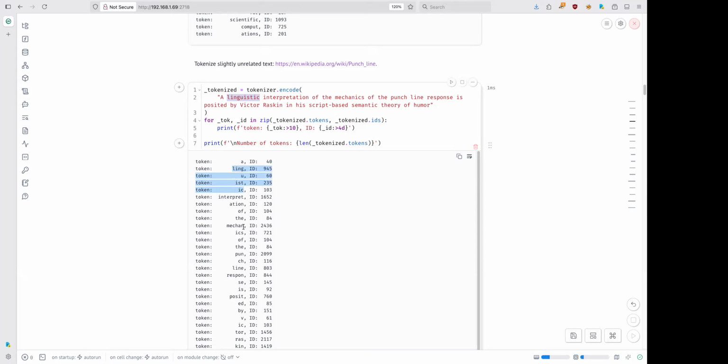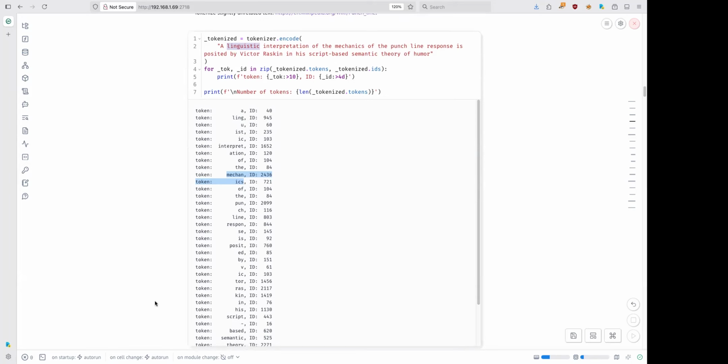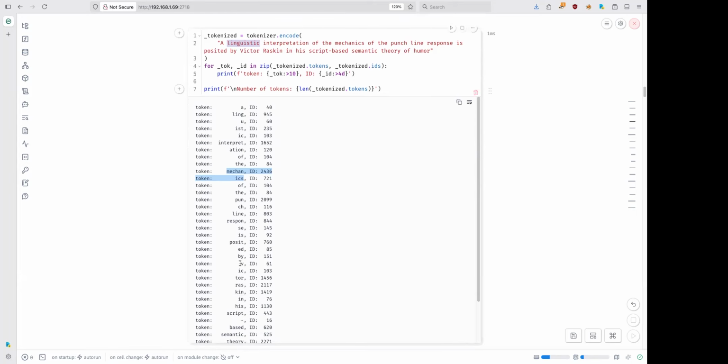Another example is mechanics. It's a single word, right? So again, the neural network will have to spend the extra compute to understand that mechanics is a single word, stuff like this. Again, here, Victor Raskin.